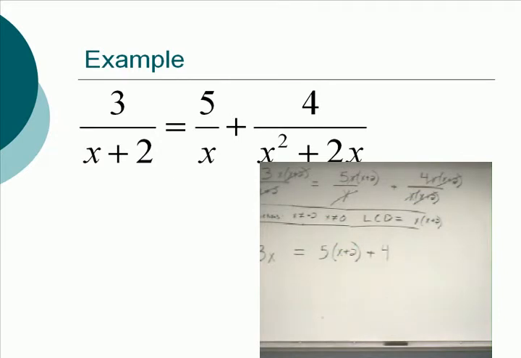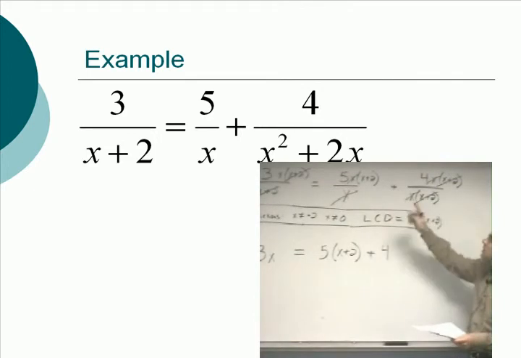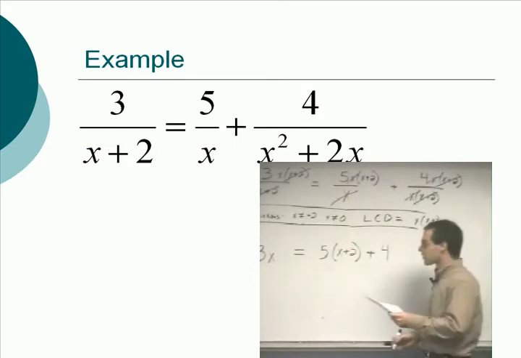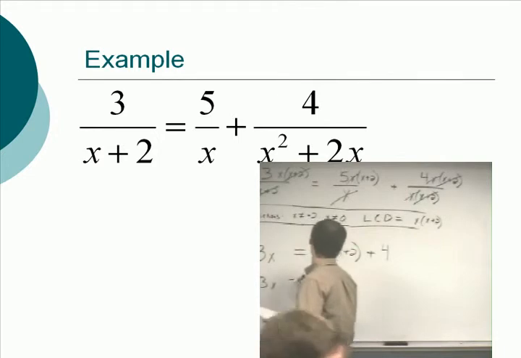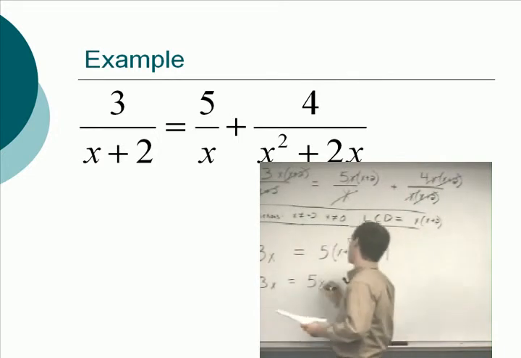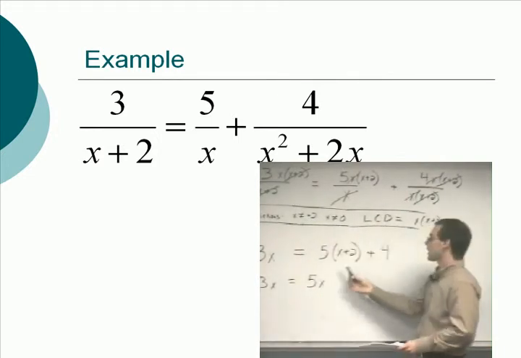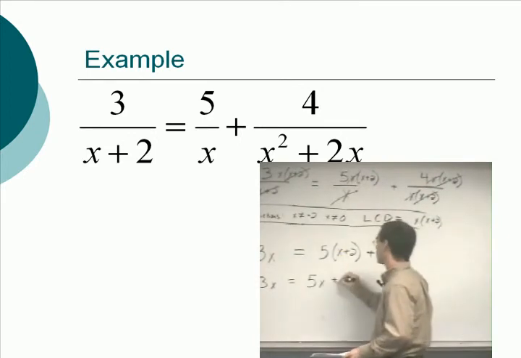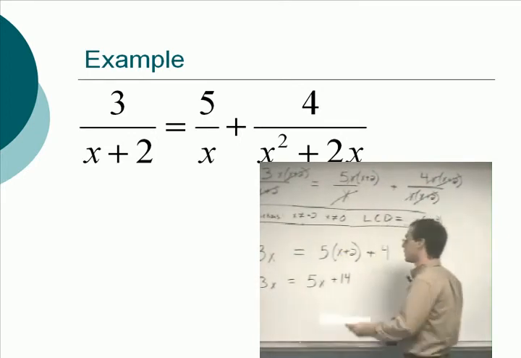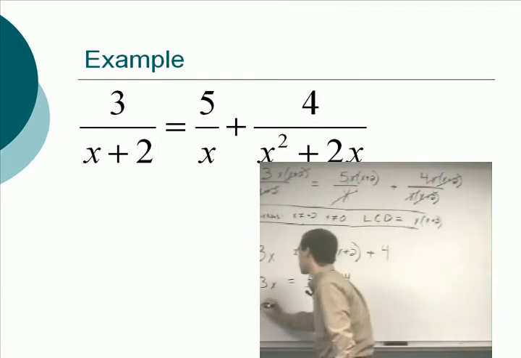Well, does that look all right? We found the LCD. We multiplied every term by the LCD. It'll clear all your fractions, and what's left will never be too tricky to solve. Now, we can finish this out without too much difficulty. We get 3x equals, I'm going to save a couple of steps here, 5x plus 10 plus 4 is plus 14, which means negative 2x equals 14.